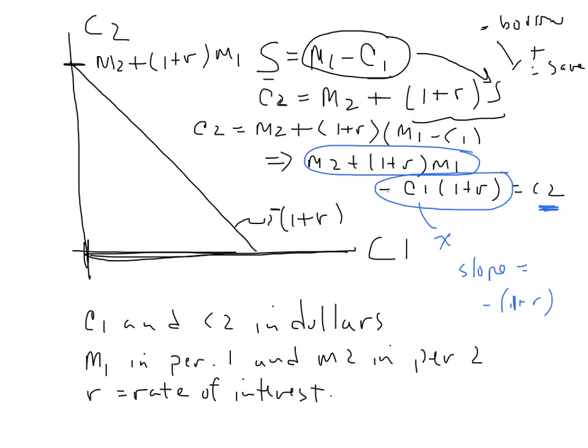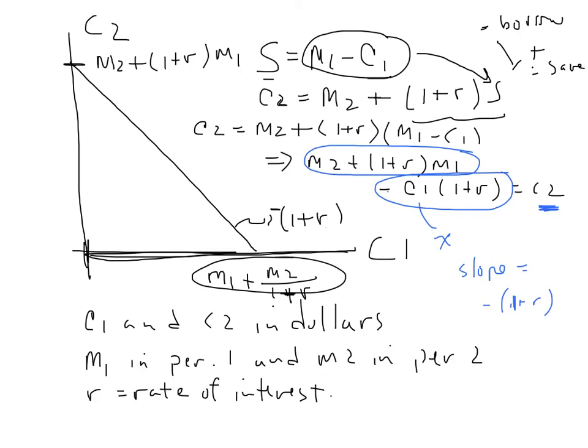And we can actually figure out the intercept down here by setting C2 equal to 0 and solving for C1. If you do this carefully, you'll find that that's equal to M1 plus M2 over 1 plus R. Okay? That's what that intercept is going to be.